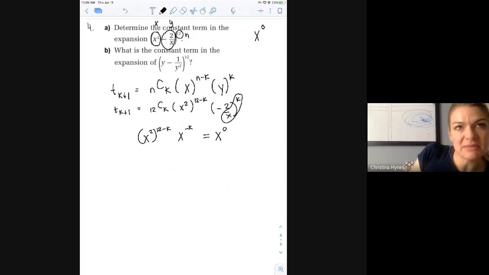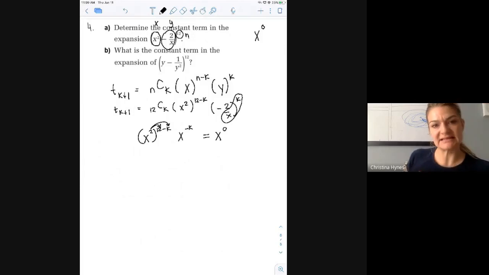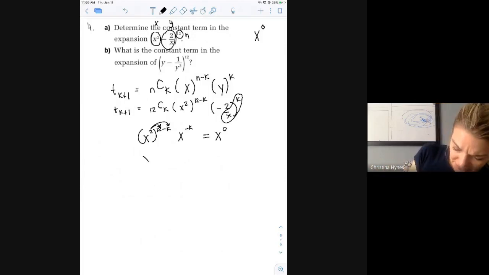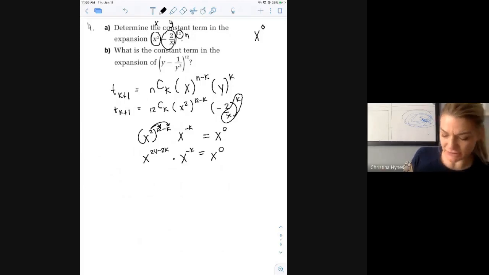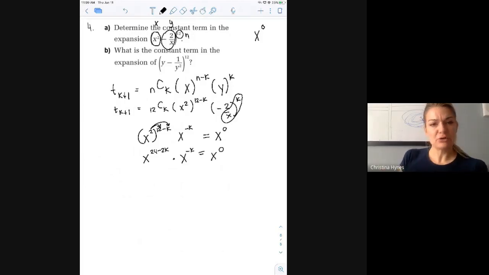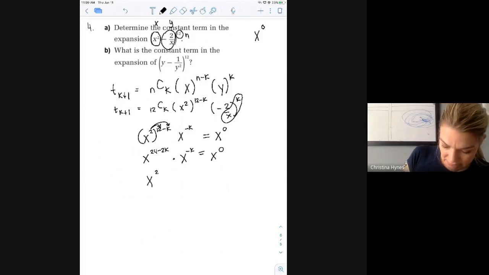So you're going to need to remember your exponent laws, where here I'm going to distribute the 2 because it's going to multiply the 2 with the 12 minus k. So it's going to be x to the 24 minus 2k, multiplied by x to the power of negative k. So that's x to the power of 0. Whenever you have two x's multiplying, you add their powers.